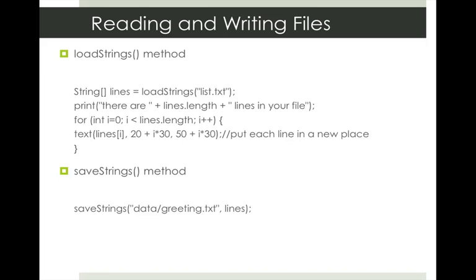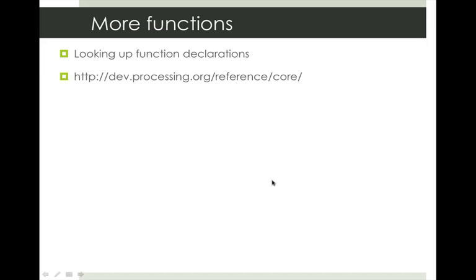And similarly, if you want to create or write back to a file, we can use the saveStrings option, which creates a file. There are many functions which can be used along with processing. So I would recommend that you go to dev.processing.org/reference/core to have a complete look at the different functions that are supported by processing.